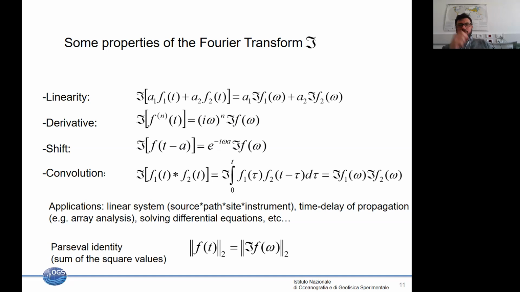Acceleration is just the derivative of velocity. So one way in which we can calculate the acceleration is to first calculate the Fourier transform of the velocity of the ground, and then we multiply by i omega. So in this case, we will have an inversion of the real and imaginary part of the spectrum and of the sign, and we have automatically the Fourier spectrum of the acceleration.